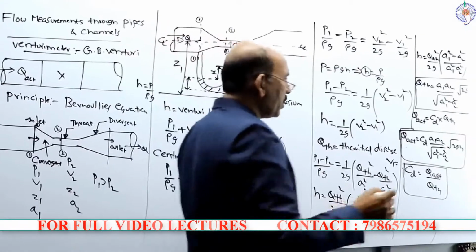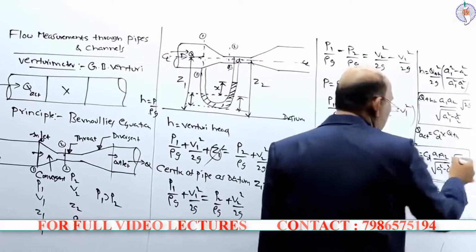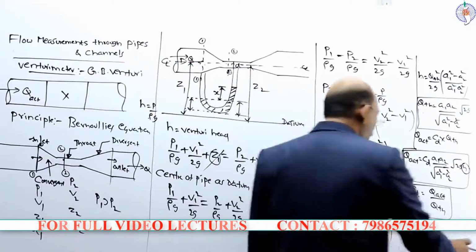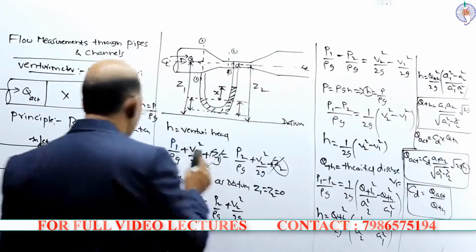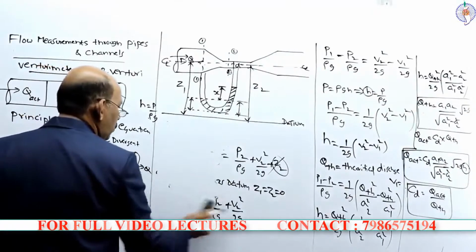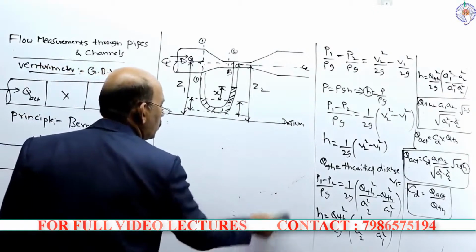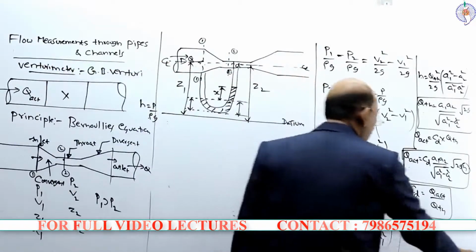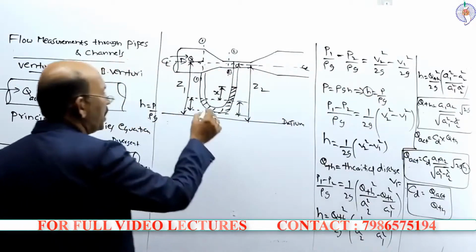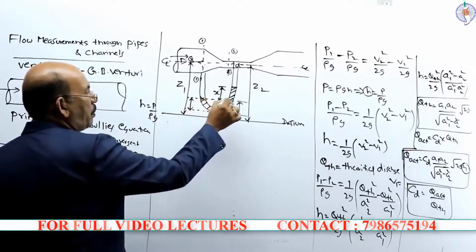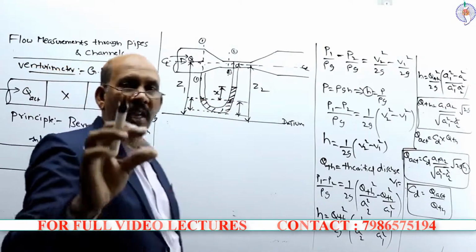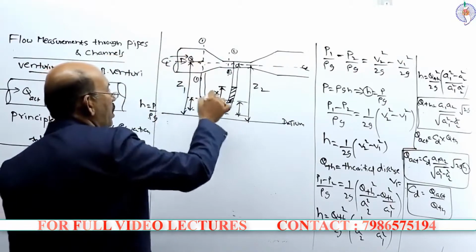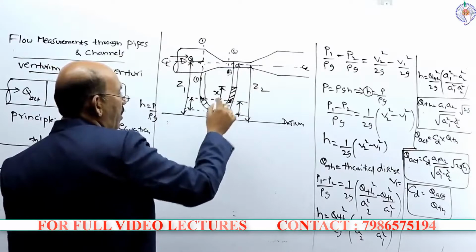Now you can see this particular H here. This H is the Venturi head. This Venturi head can be calculated by applying the manometric equation. The pressure at this point, from this limb, and the pressure from the other limb are equated.